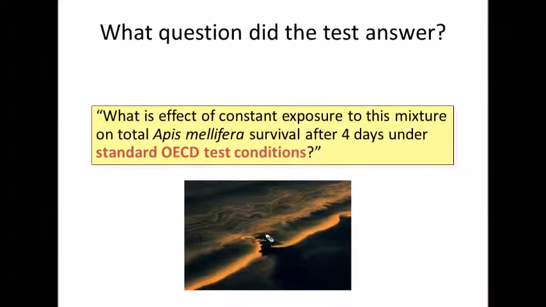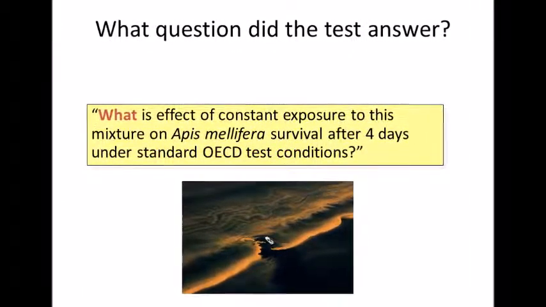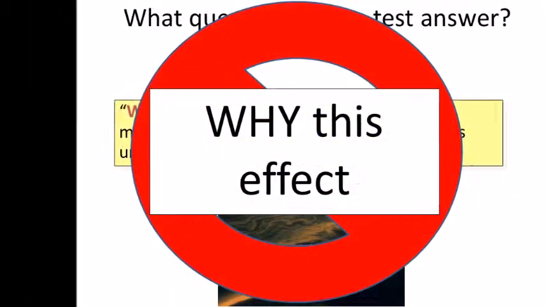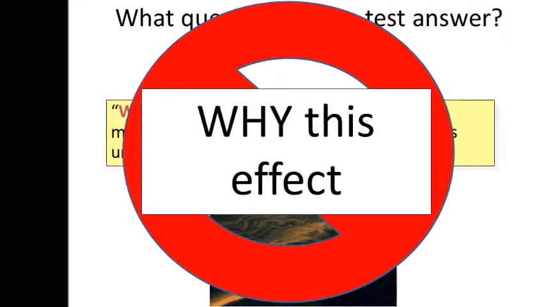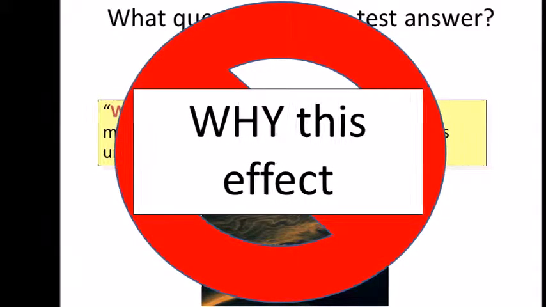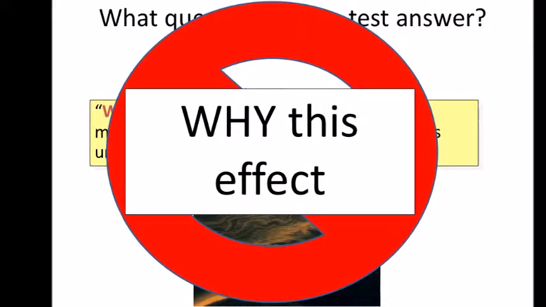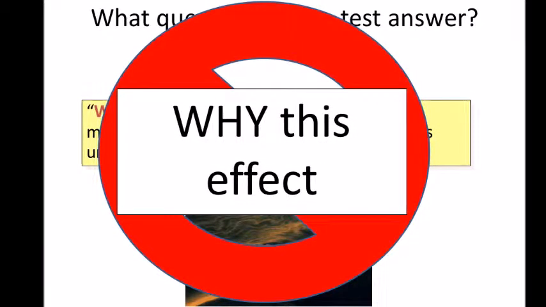It would be better if we asked a different question: why do we see this effect? If you have a better understanding of why you see this effect, you have a much bigger extrapolation potential. You can keep on doing these mixture tests forever: copper and zinc, cadmium and lead.